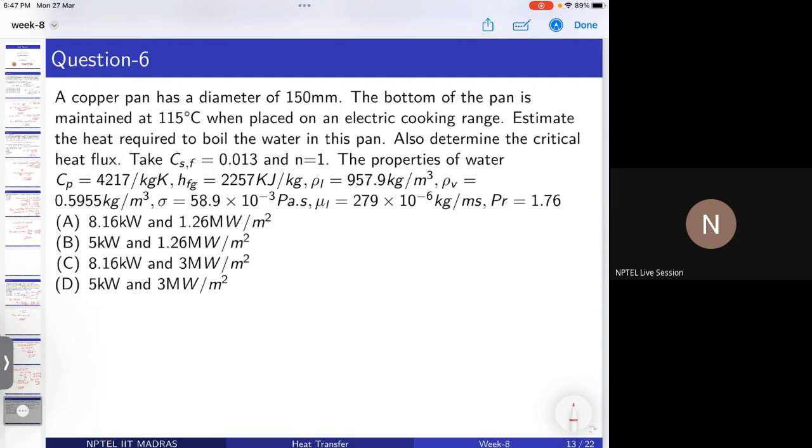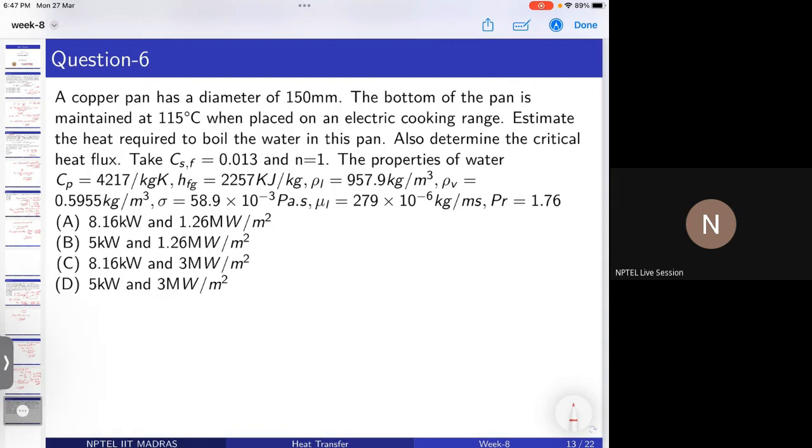So this is a question from the boiling part. Assume this is nucleate boiling. What is the correlation we usually use for the nucleate boiling regime, for pool boiling?